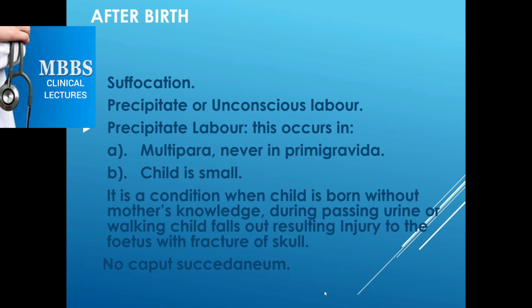There is no caput succedaneum, because that appears with difficult labor, when the birth canal is very tight, as in a first delivery. Precipitate labor is mostly with the multipara, never in the primigravida, when the birth canal is lax and the child is of very small size.